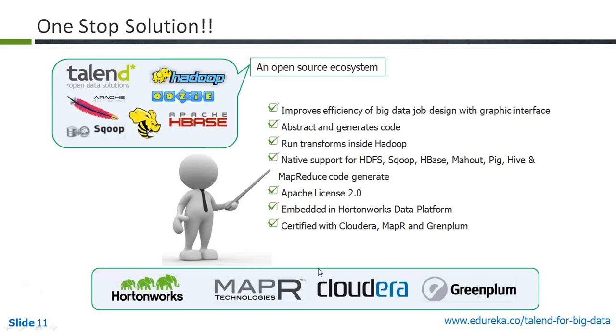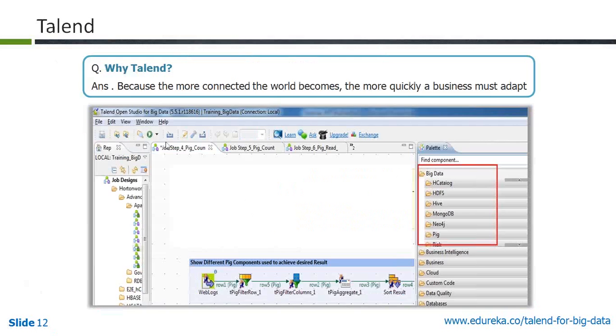It has all the native connectivity to HDFS, Sqoop, HBase, Mahout, Pig, and Hive, and it generates the MapReduce code. We do not need to hand code the MapReduce program, but it is the job of the tool which does that. And it's embedded in the Hortonworks data platform. It's certified also along with Cloudera, MapR, and Greenplum. Let's move to the next slide.